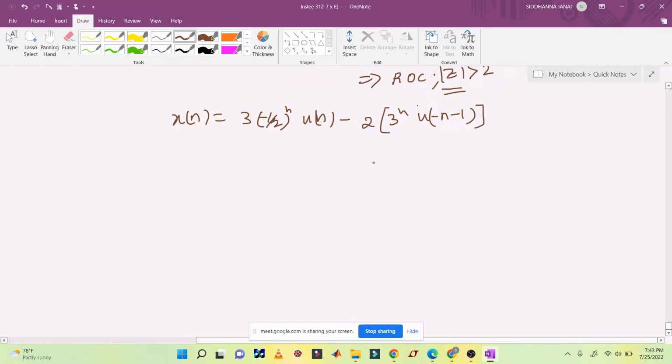Okay, this is the given equation. For this x of n sequence, we need to find out x of z and the region of convergence.